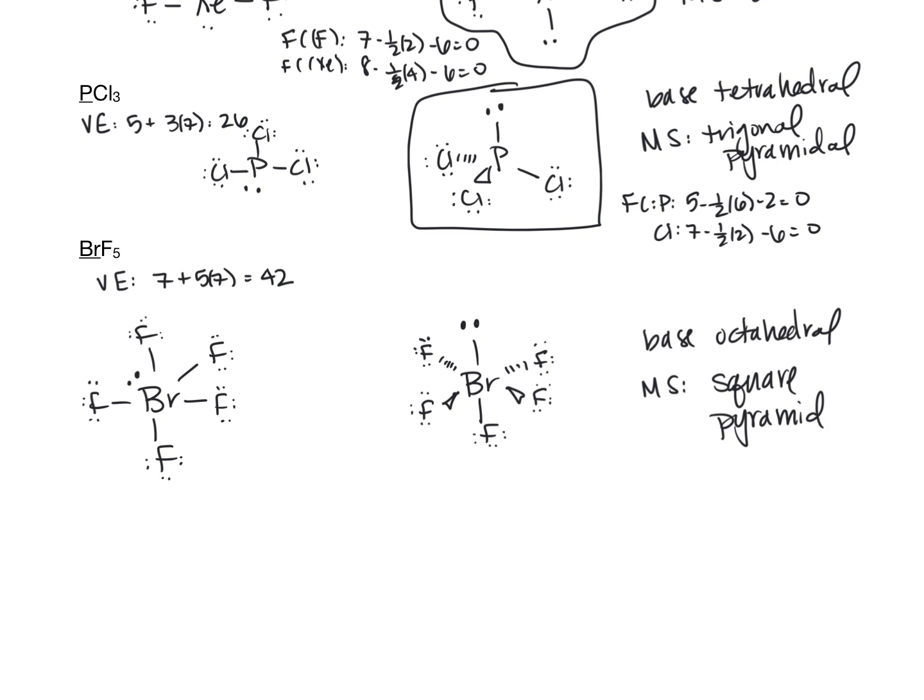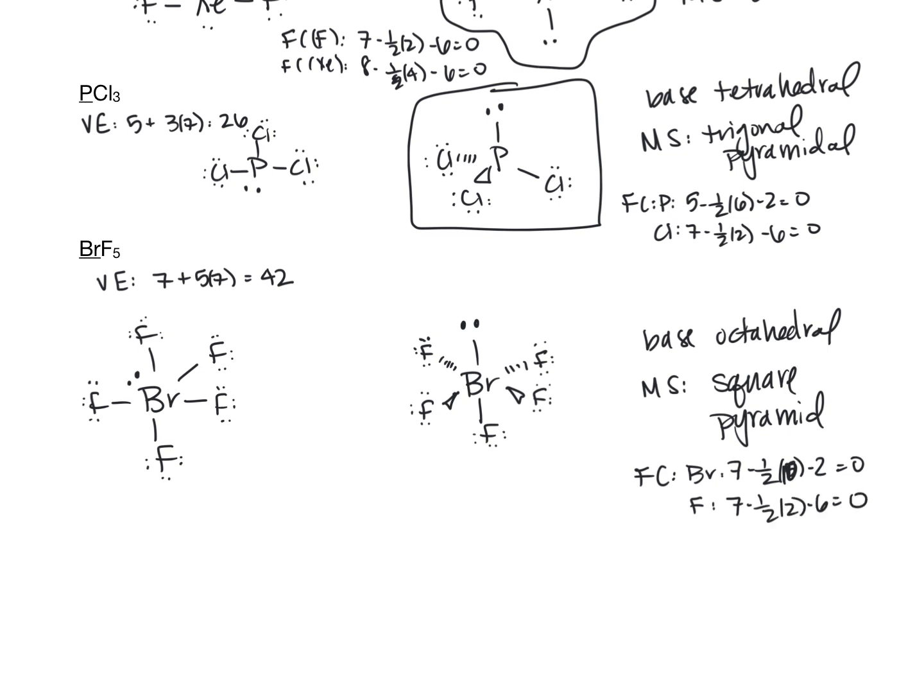And so you can then determine your formal charges for bromine, which is 7 minus half of 10 minus 2, so that would give you 0. For fluorine, it is 7 minus half of 2 minus 6, also 0.